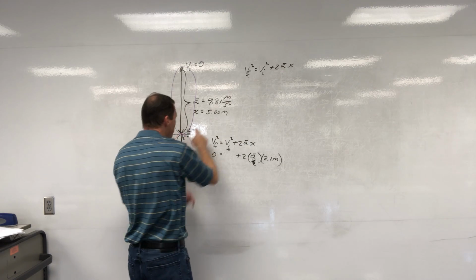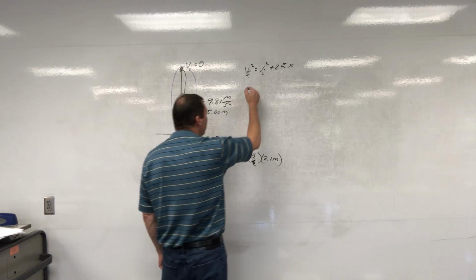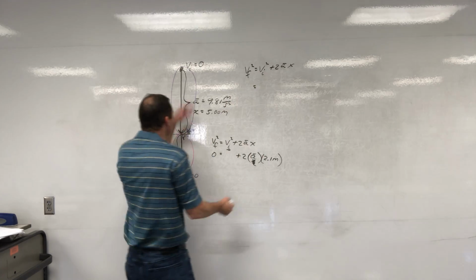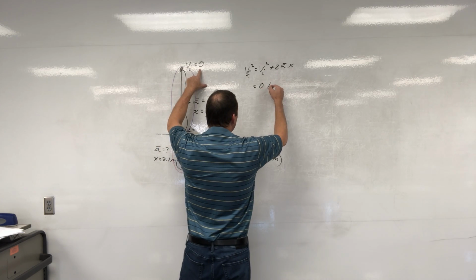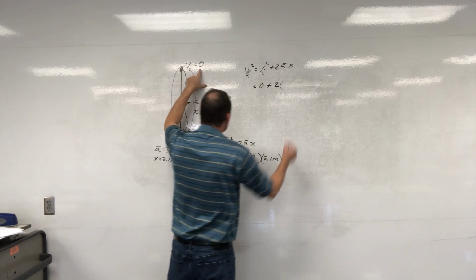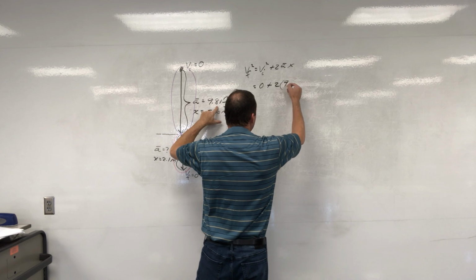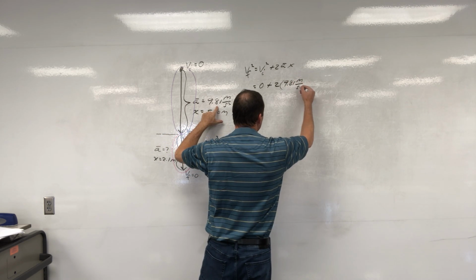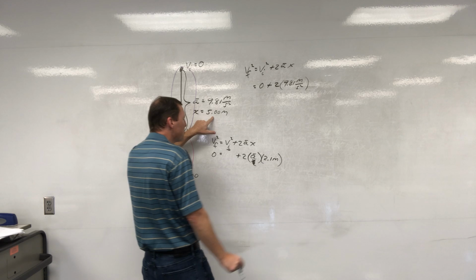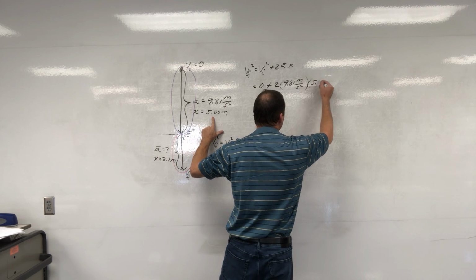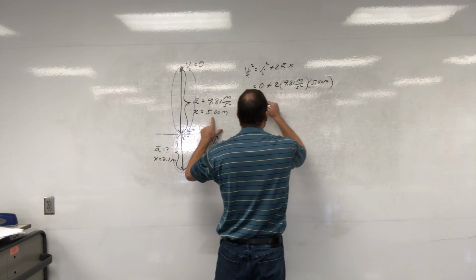The final velocity, that's what I'm actually looking for, equals the initial velocity, 0, plus 2, the acceleration due to gravity, 9.81 meters per second squared, and then this displacement is going to be 5. There we go.